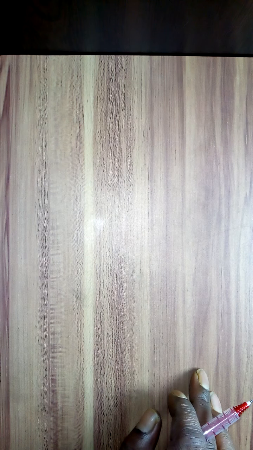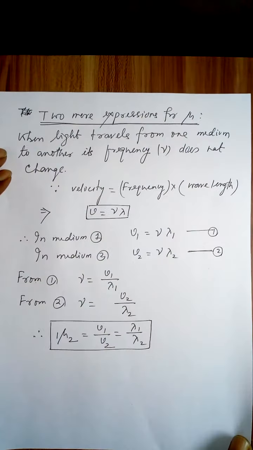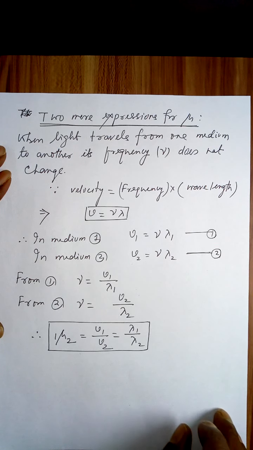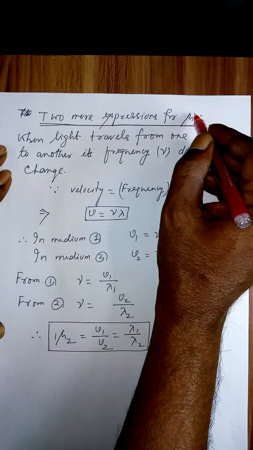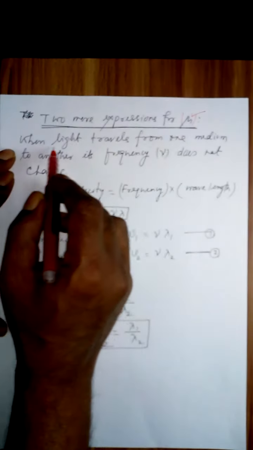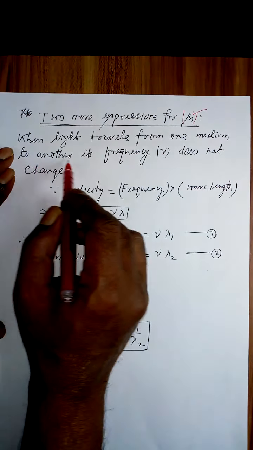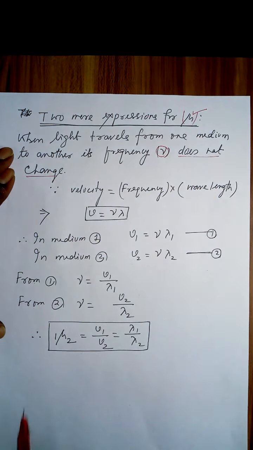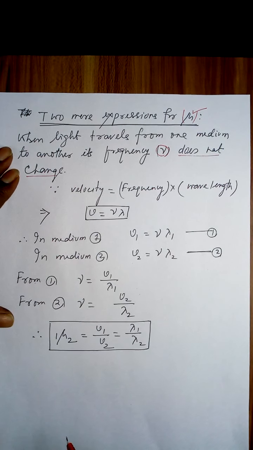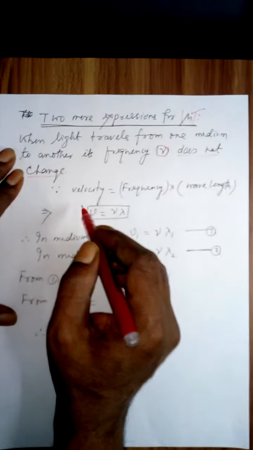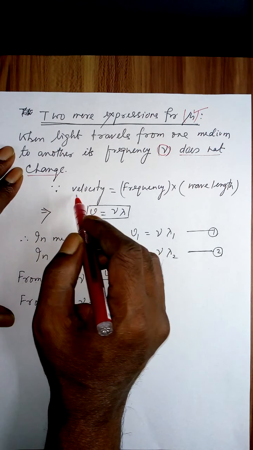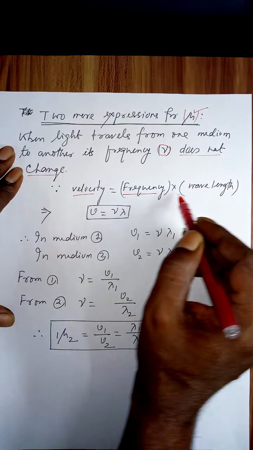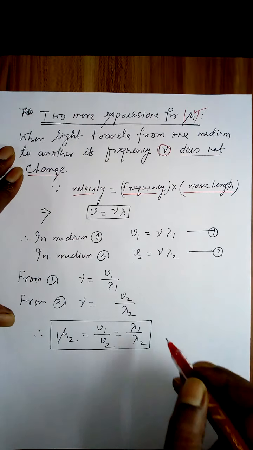Now two more expressions for refractive index. When light travels from one medium to another, its frequency does not change. And we know from previous chapters, velocity is equal to frequency into wavelength.